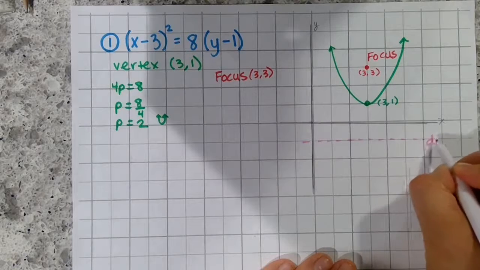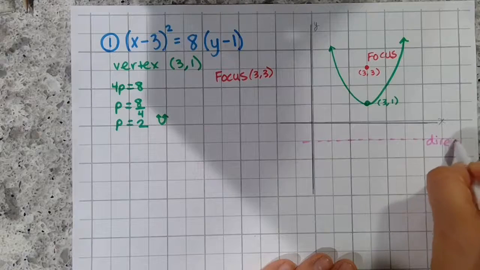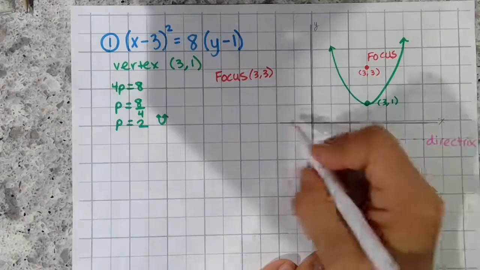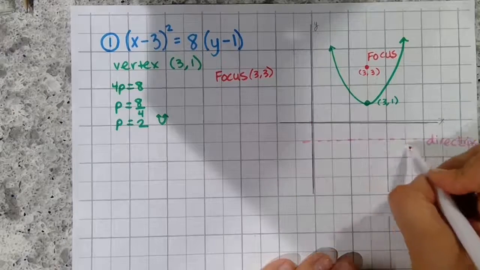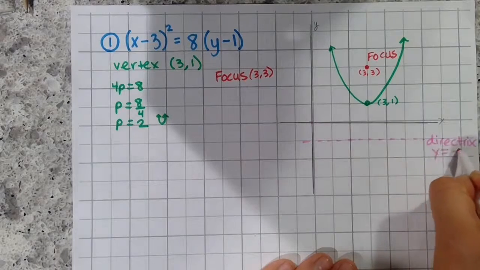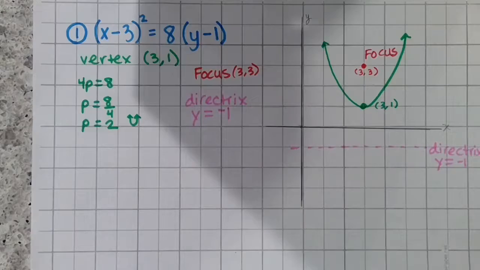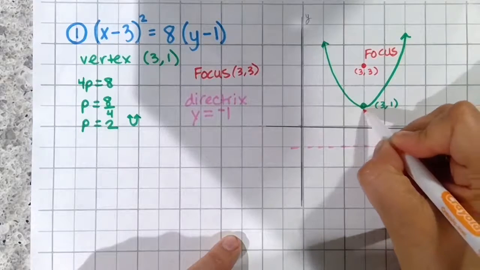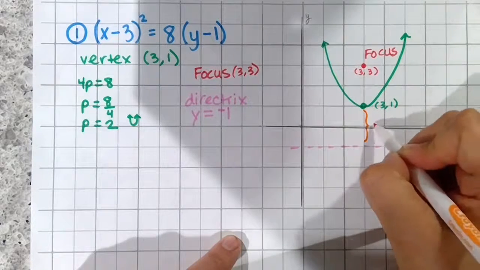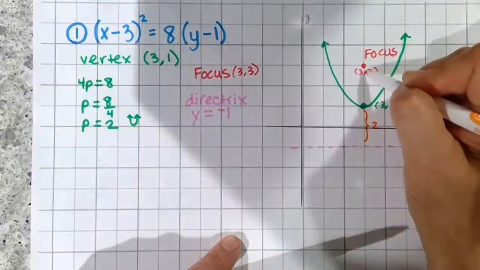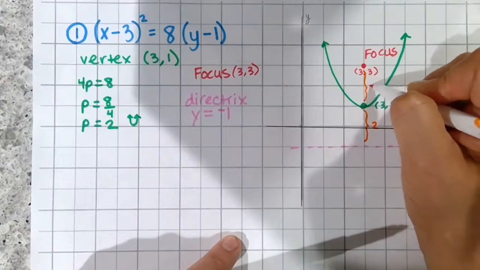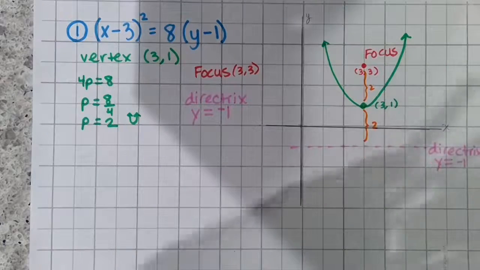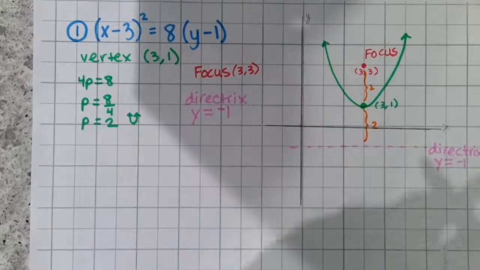Because it's an equation of a line, this is going to be y equals -1. So again, that is your p units. You don't have to label this, but that is that distance. This is 2 units and 2 units. You also have one more piece of information, which is your axis of symmetry.